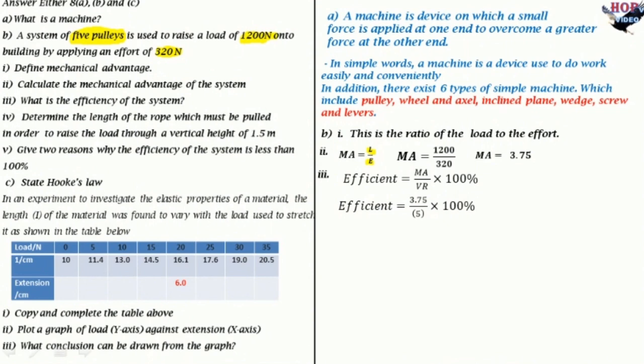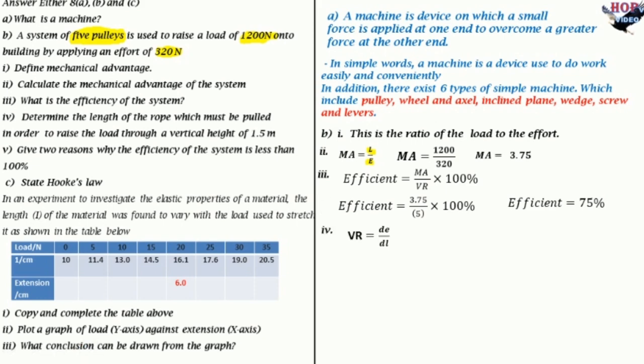If you remember what we did in the first section, we had this same question. We simply know that the number of pulleys in a pulley system is equivalent to its velocity ratio. So if we continue solving this question, we are going to have efficiency as 75%.